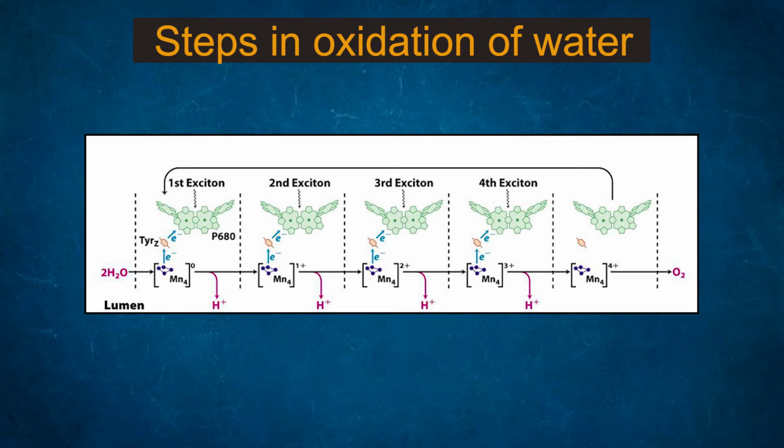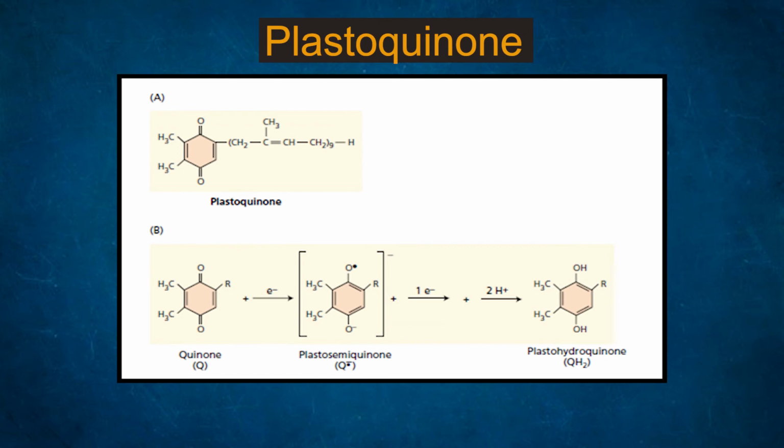The electron transfer from photosystem 2 takes place and gives the electron to plastoquinone. The complete reduction of plastoquinone to plastoquinol takes place with the help of 2 electron transfers and 2 protons taken up from the stroma.